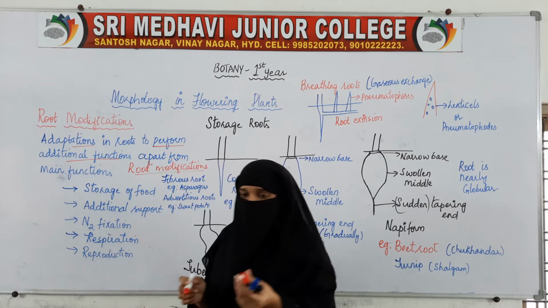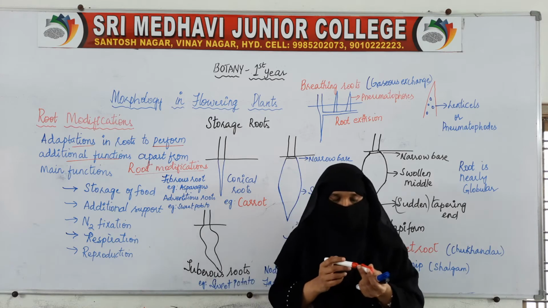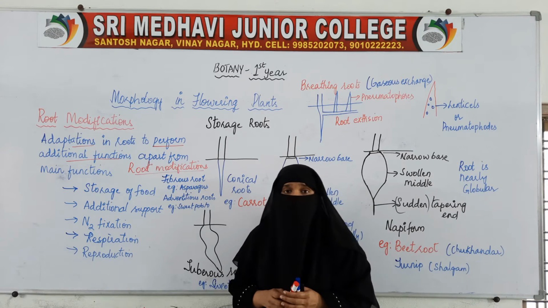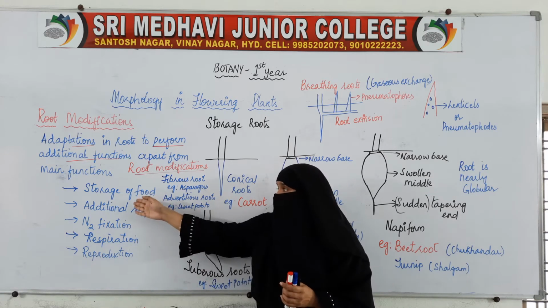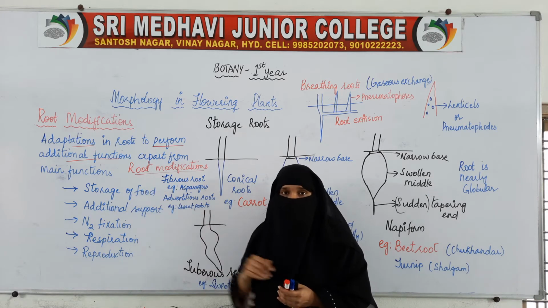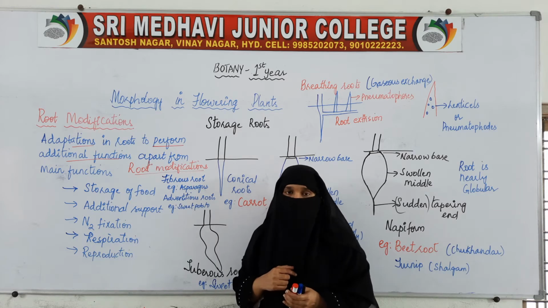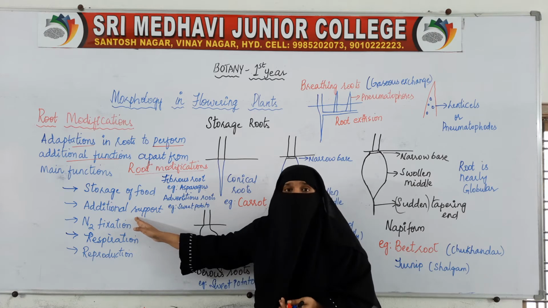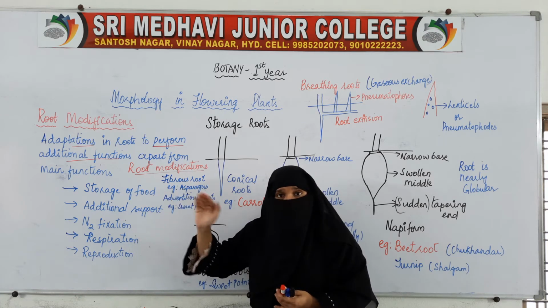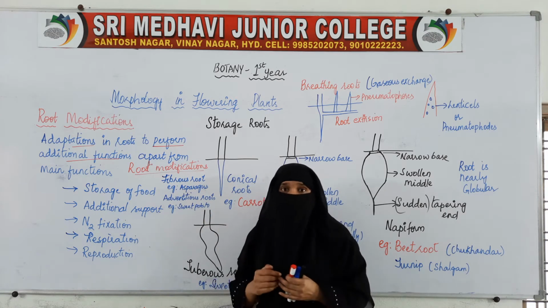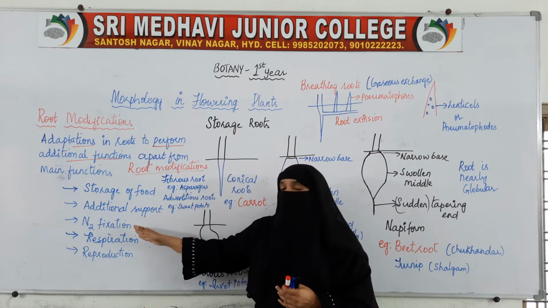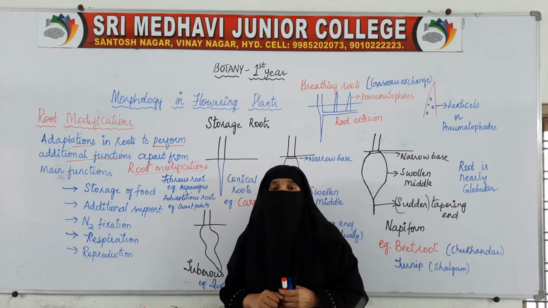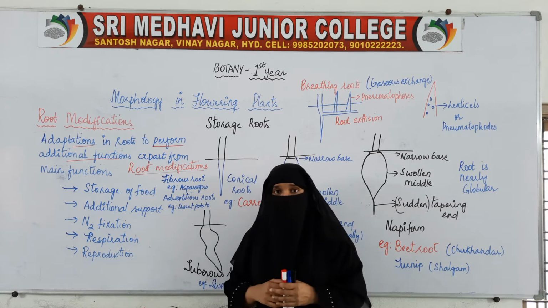Roots will modify themselves, adapt themselves to perform various functions. For example, in order to store food, roots will modify themselves. To provide additional support, apart from the primary support, and to help the plants in fixing nitrogen, roots will adapt themselves.